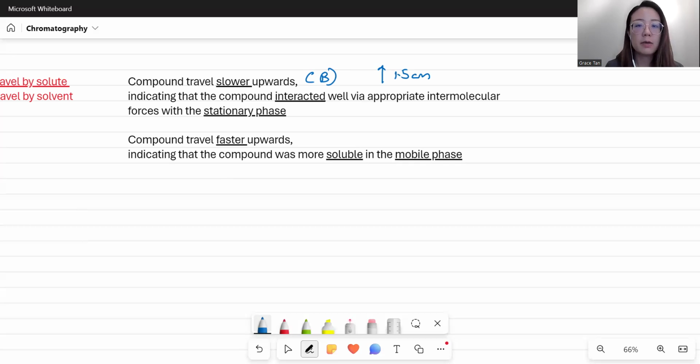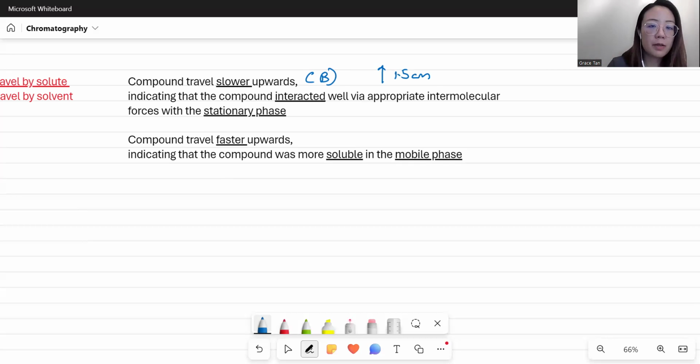But eventually he still managed to move upward a very short distance, very reluctantly, because he bound to or interacted well with the stationary phase. Maybe hydrogen bonding, maybe permanent dipole interaction, or maybe just instantaneous dipole-induced dipole interaction. So if you travel a very short distance, it means that you interact very well with the stationary phase.